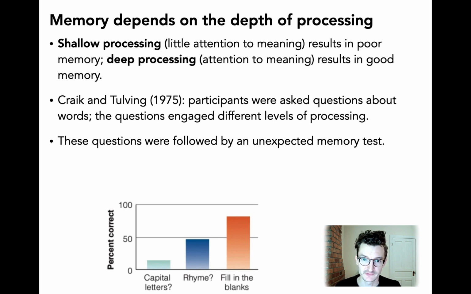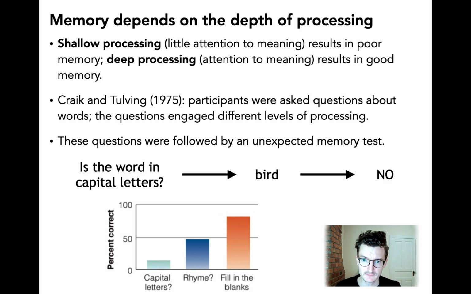So how does this experiment work? Well, you might be shown a word like bird, and you're asked, is there a capital letter in this word? The answer is no. This is very shallow processing, right? You're simply thinking about the physical characteristic of the word, what it looks like.